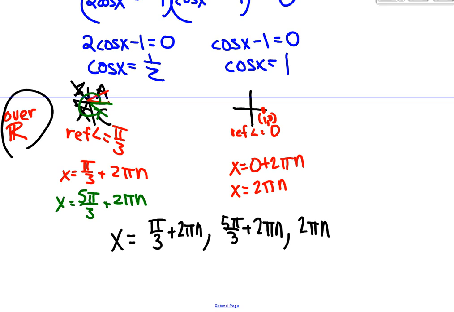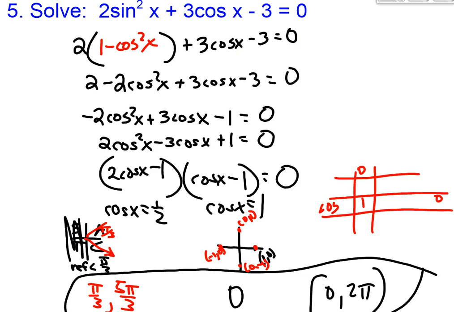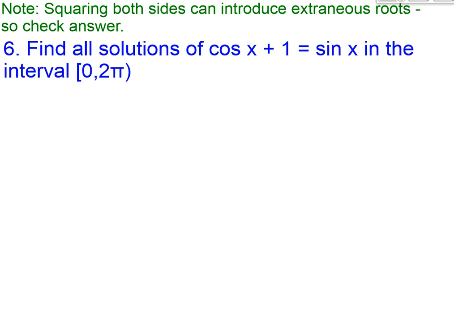So the next problem in this little set is if we have this situation, and I gave you a note for this. We're going to square both sides, because we don't have a lot of strategies if I have a cosine and a plain sine.